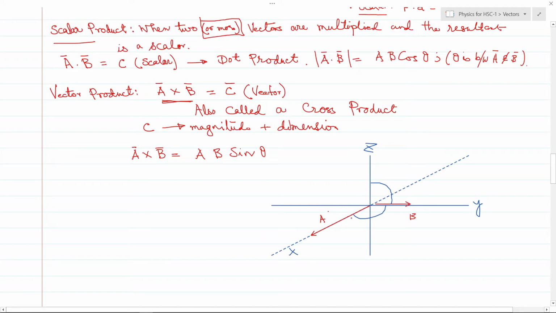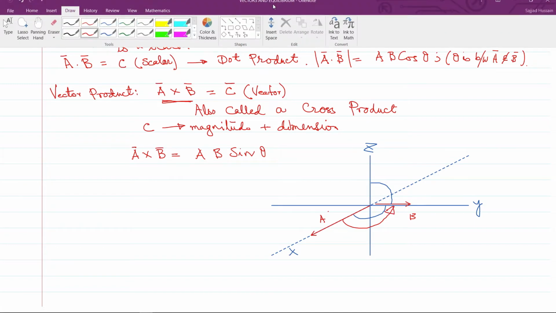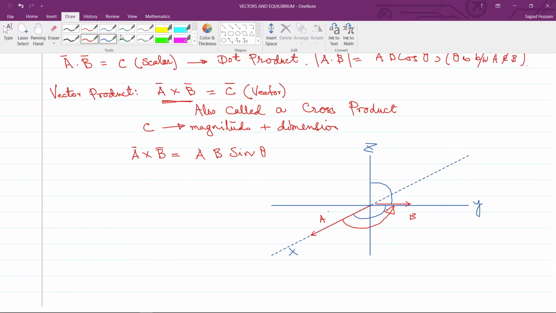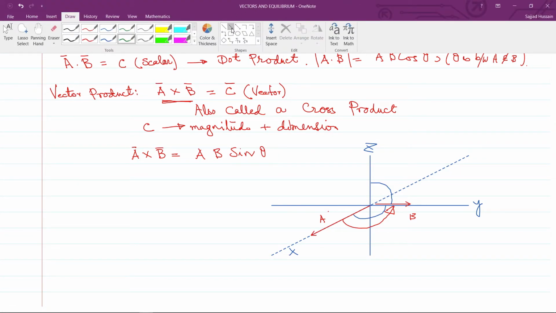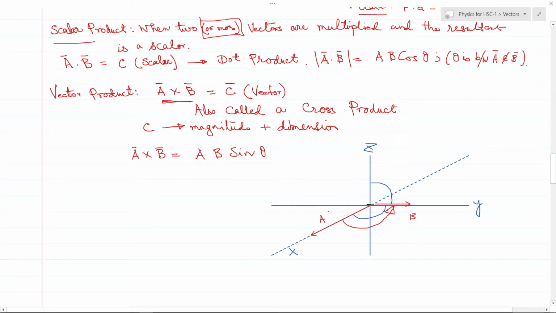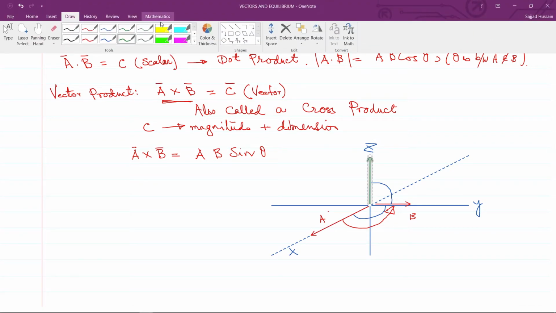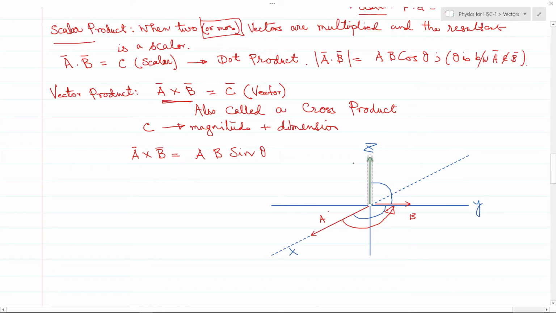So if A is multiplied by B, the resultant will be a vector quantity C, and that will be, of course, acting in positive z direction. So this will be our resultant vector C.